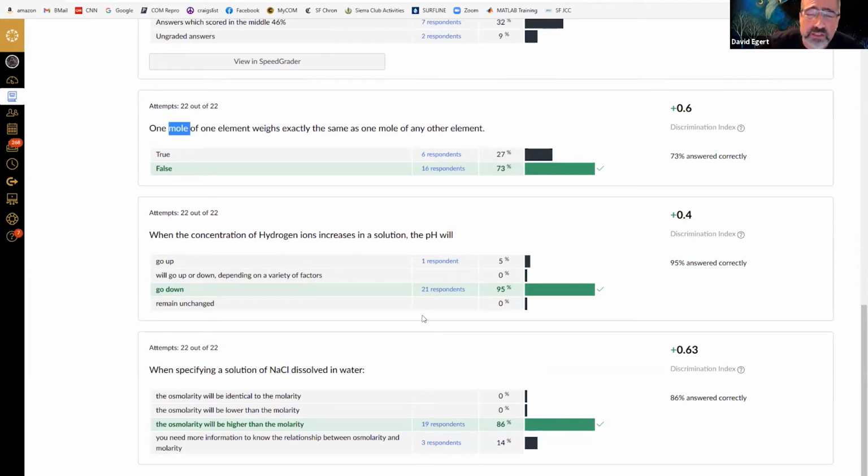Some definitions say a mole is the same number of atoms or molecules as there are atoms in 12 grams of carbon, which is a mole of carbon. But in general, you should think of a mole the same way you think of a dozen, as a number of atoms or molecules.